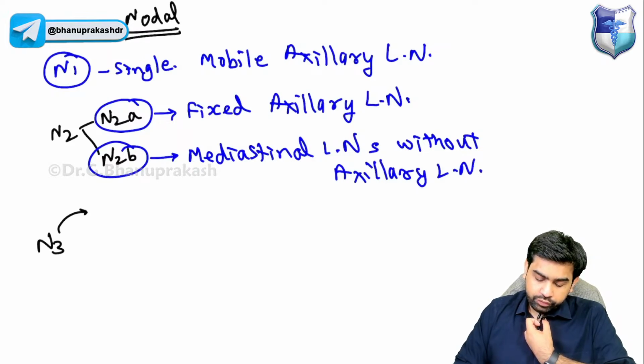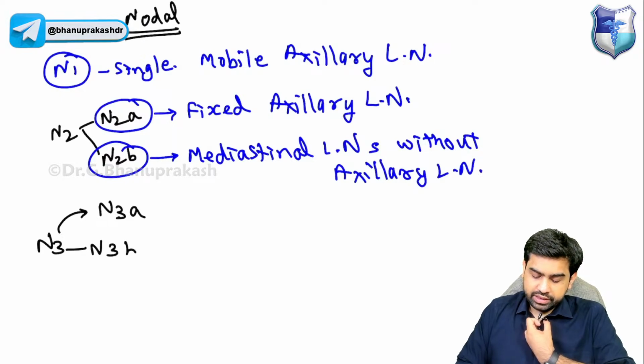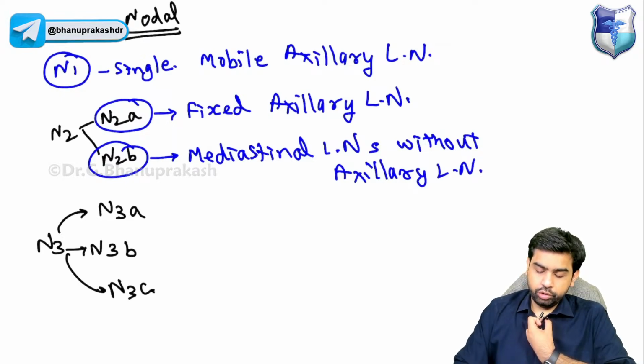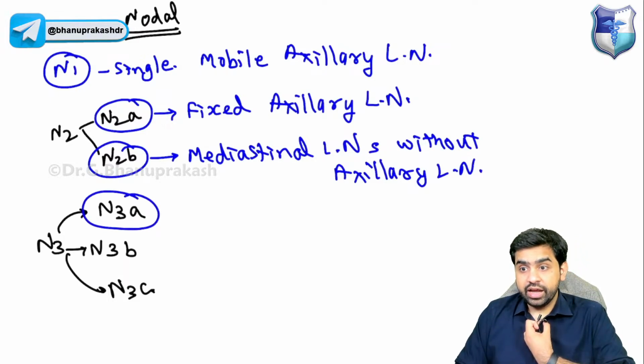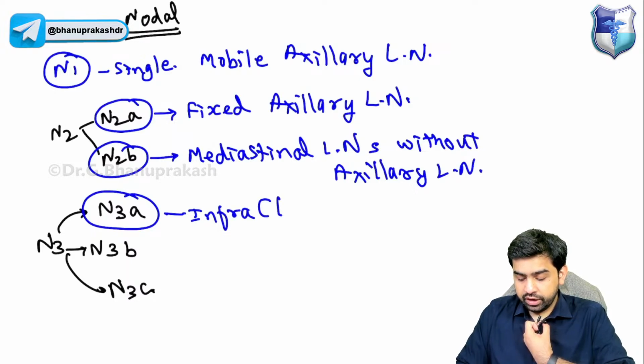In the N3, we have N3A, N3B, and N3C. So what is N3A? In the N3A, there is involvement of the infraclavicular group of lymph nodes. What is N3B?